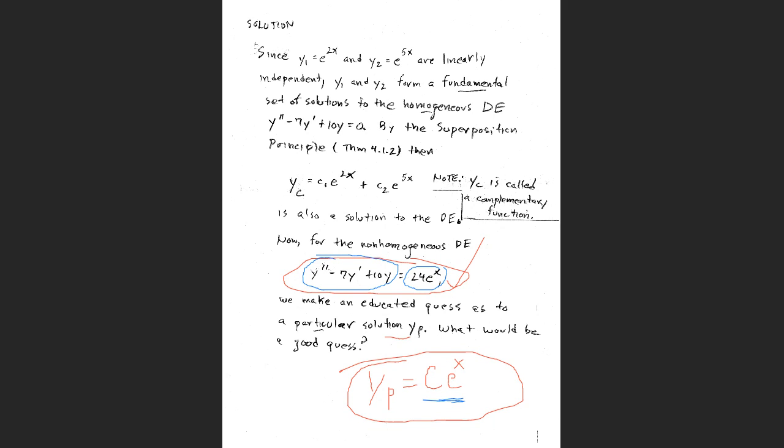Of course, this y sub p, this particular solution, would only be a solution to the non-homogeneous differential equation if we can figure out what the value of c is, what that coefficient is. So what we're doing, Matthew, is trying to make a good educated guess here.